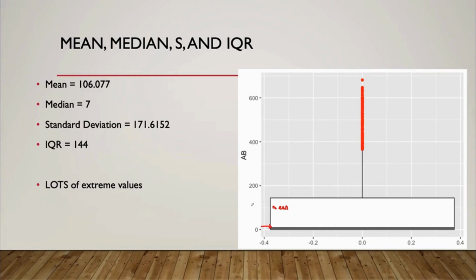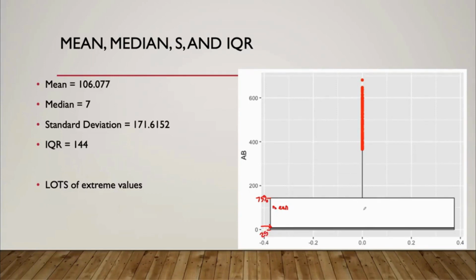And our interquartile range, so this is the 0.75 and the 0.25, so the 75%, is 144.